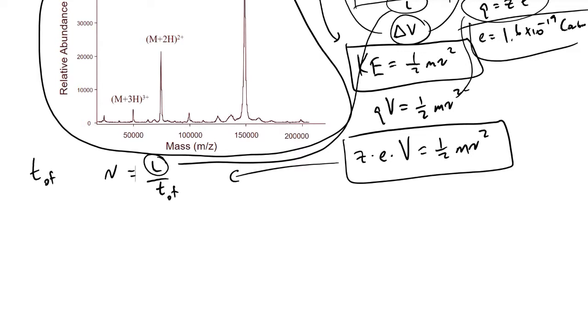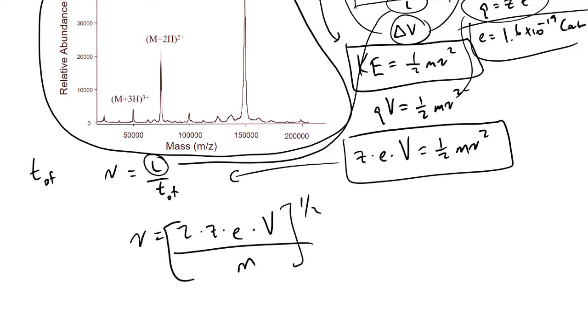When we do that, we'll get velocity is equal to 2 times Z times e times V, quantity divided by the mass, and we're going to take the square root of this, and this is equal to L over time of flight.